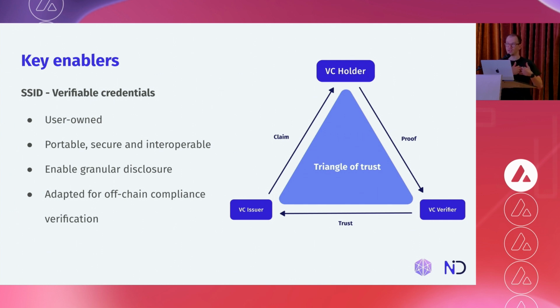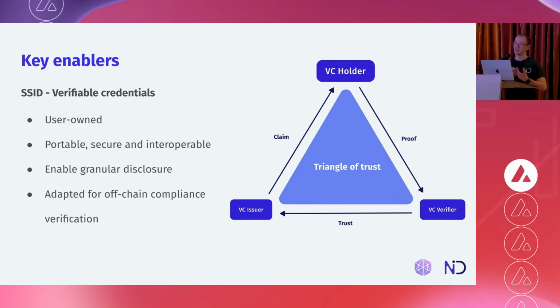The user will just give the verifiable credential with his age to that application. What verifiable credentials enable are off-chain compliance verification processes that are better than the current ones because it's the user who owns their identities. They can reuse them multiple times against multiple applications.